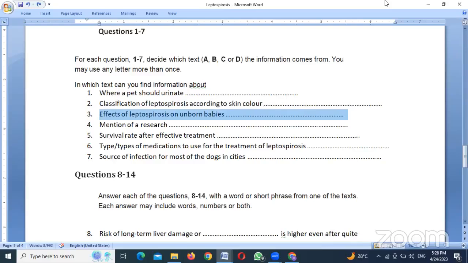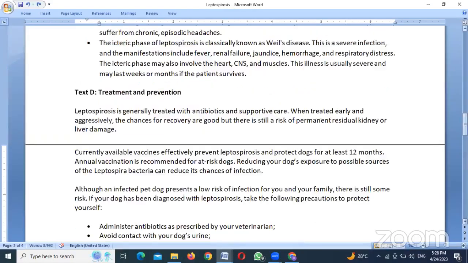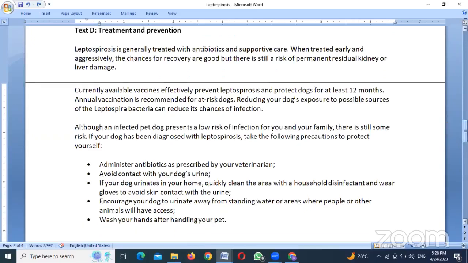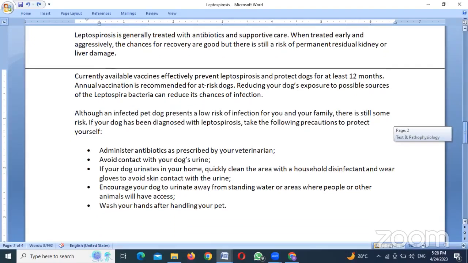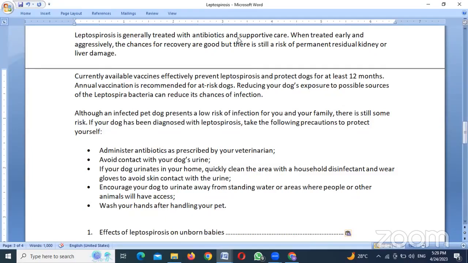So let us go with Dr. Aftab. Dr. Aftab, yes? Yes, sir. So Dr. Aftab, you will try to find the answer in D, okay? Yes, sir. So this is your question. This is your text. Try to find the answer, please. I couldn't find, no, not here.